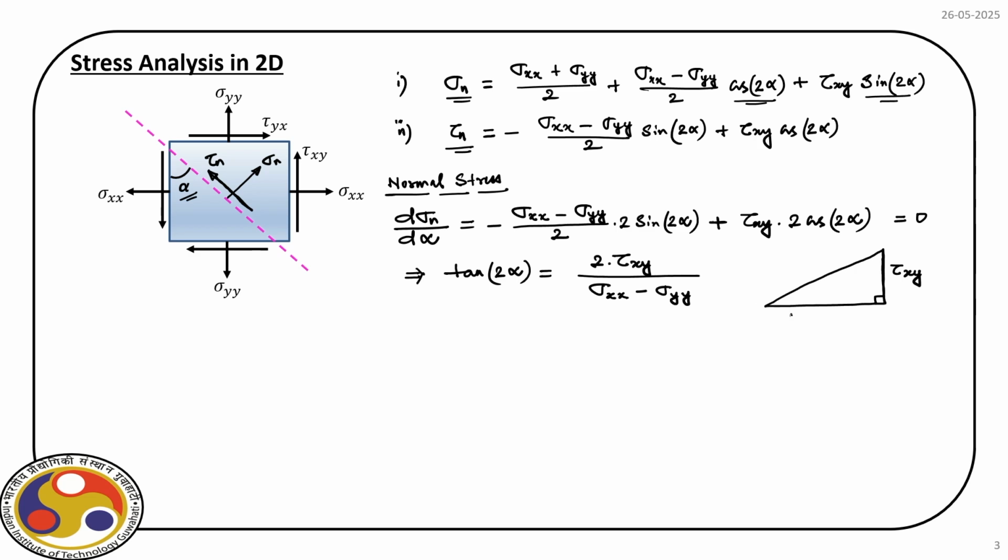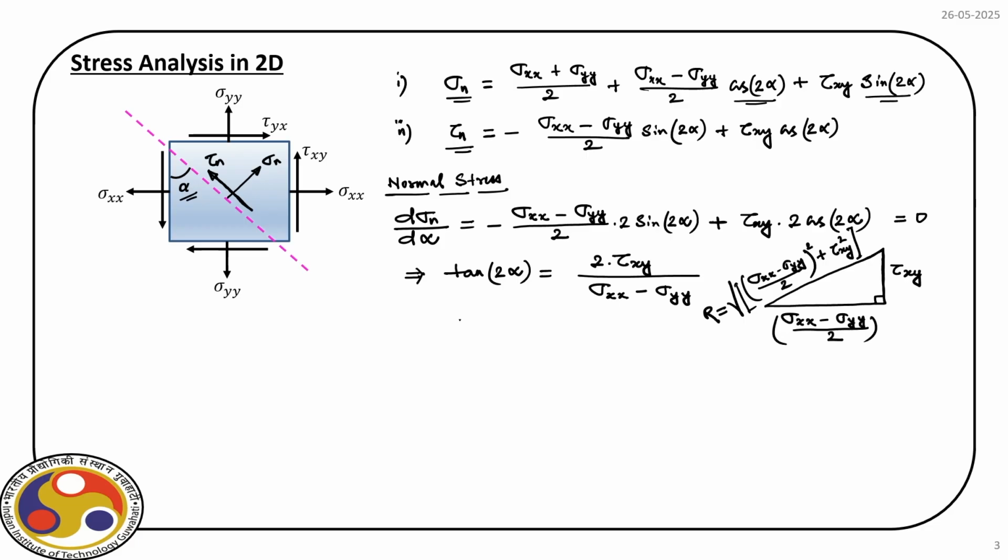The base of this triangle is (sigma xx minus sigma yy) by 2, and if we apply Pythagoras theorem, we can figure out the hypotenuse. That is the square root of ((sigma xx minus sigma yy) by 2) whole square plus tau xy square. Say this quantity is equal to r.